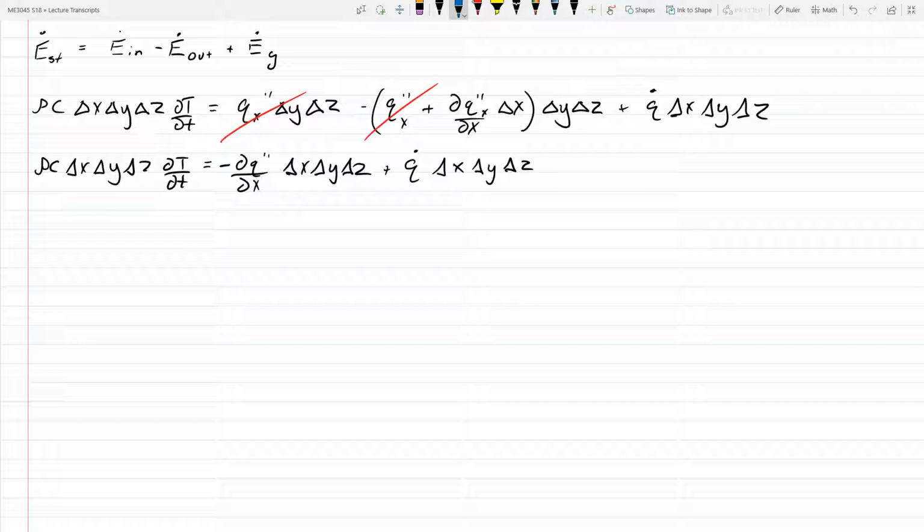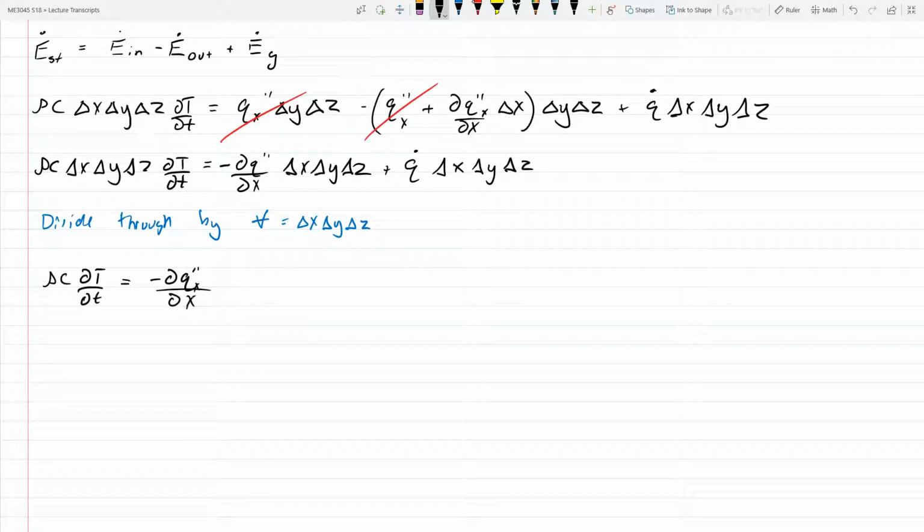So divide through by the volume, delta x, delta y, delta z, and what we end up with is rho c partial T equal to negative partial Q double prime x partial x plus q dot. Okay, I lied. There's one more step here.